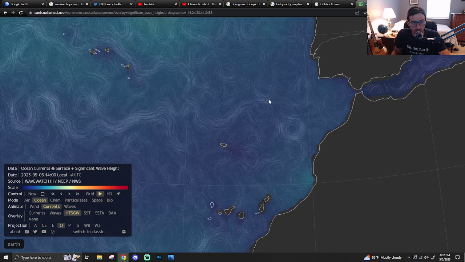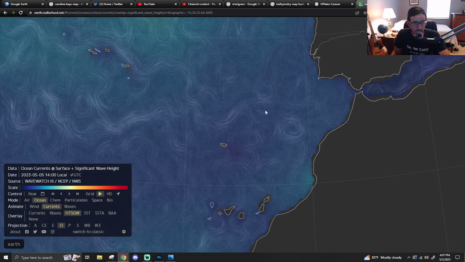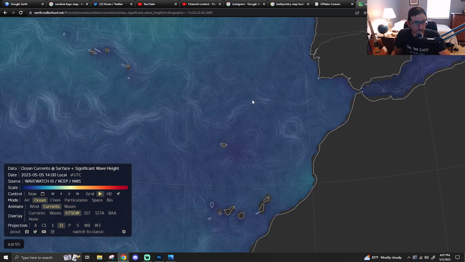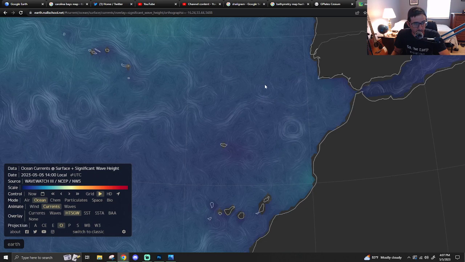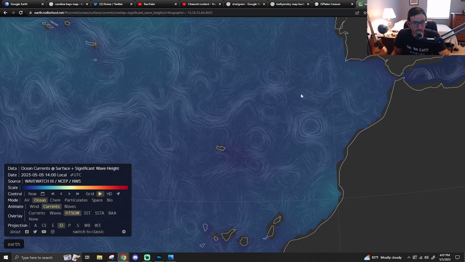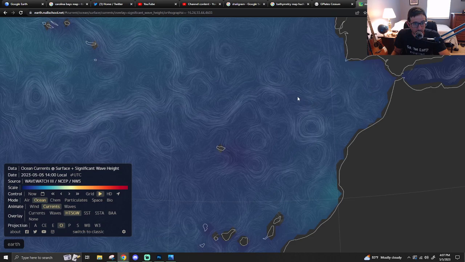Current flowing, and then an eddy off the side. Current flowing, eddy off the side. Current flowing. This is reminding me of Carolina Bay right here.